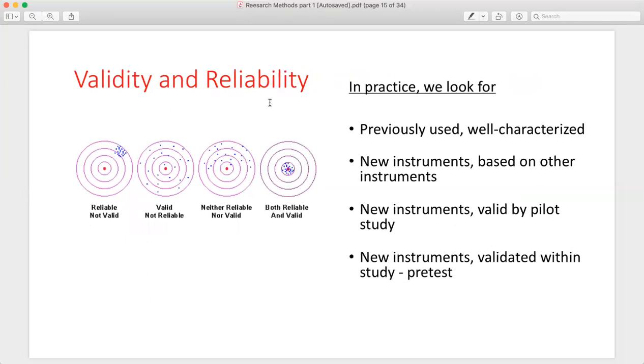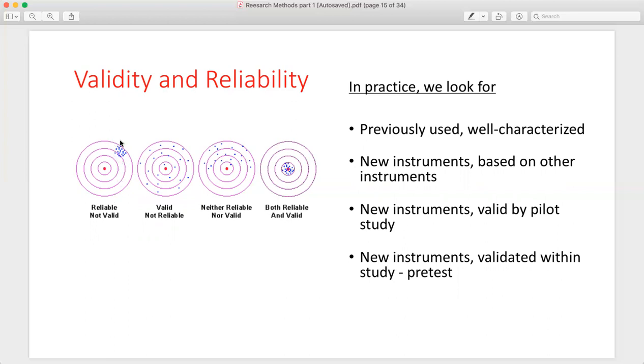When it comes to validity and reliability, this dartboard chart is very famous for explaining this. So I'm going to try to use it to explain it one more time. Let's assume that the red one is the truth that we want to measure. The first picture is reliable but not valid.